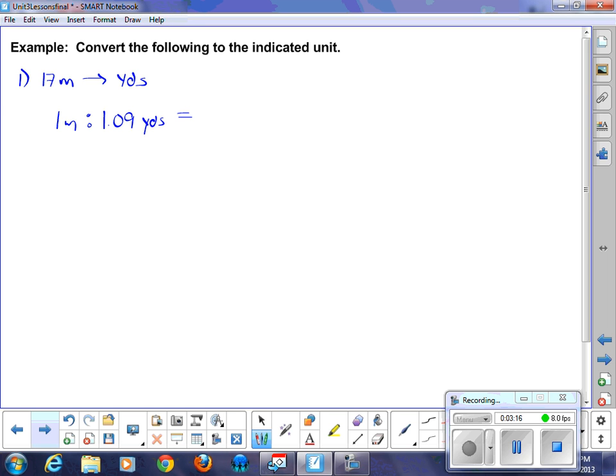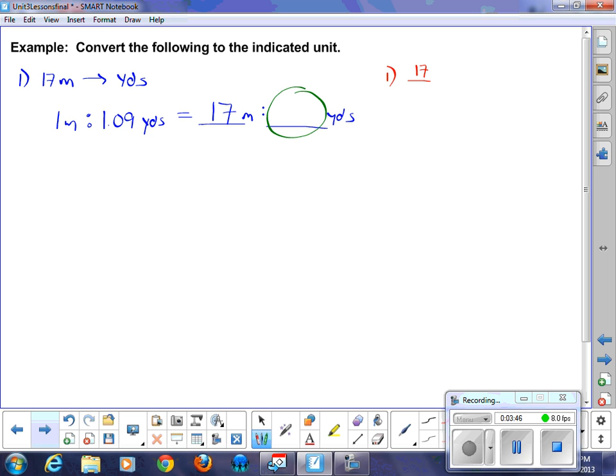And what's that going to equal? Well, what piece of information am I given? I'm given the 17, right? It's got to be meters to yards. The question tells you 17, so we need to determine the missing value here. So we're going to use the anchor chart that we had from the last unit. If you remember, step 1 from the last unit was to take the number that's by itself, so the 17, and divide it by its corresponding value.